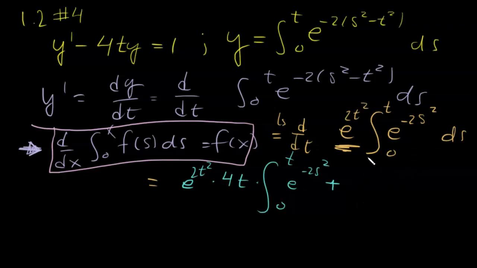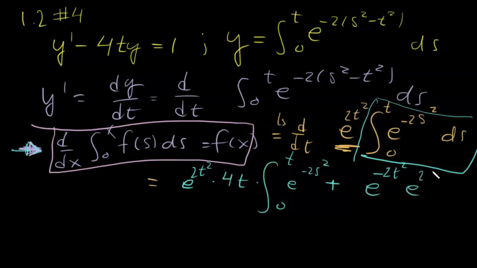So the derivative of this part right here is in fact that fundamental theorem that we had with this arrow. So this turns into e to the negative 2t squared, that's the derivative of the second, times the first, e to the 2t squared.